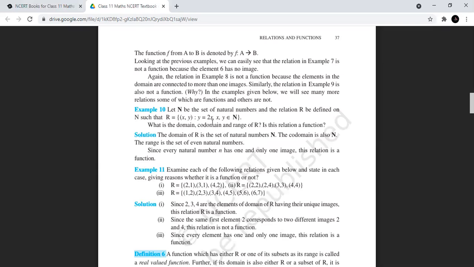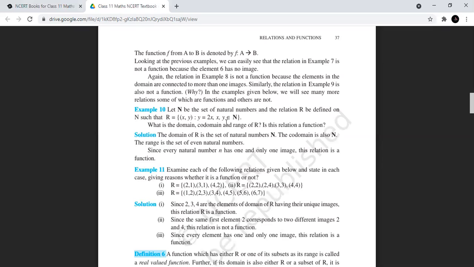So y is equal to 2x. So if x is a natural number 1, 2, 3, 4, 5, 6, then you multiply it by 2 and you will get all even multiples. 2 1s are 2, then 2 2s are 4, 2 3s are 6, 2 4s are 8. So if you collect your images, all the values are coming as even numbers.